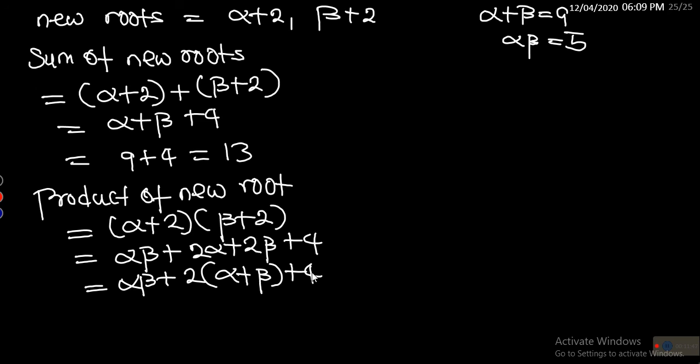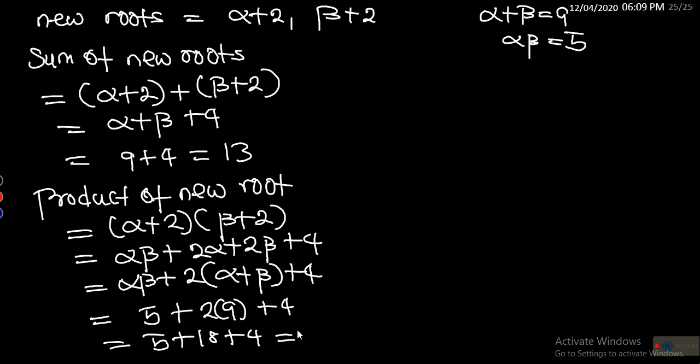And then by substitution, we are going to have alpha beta, which is 5, plus 2 times alpha plus beta, which is 2 times 9, plus 4, and this will give us 5 plus 18 plus 4, and that is 27.